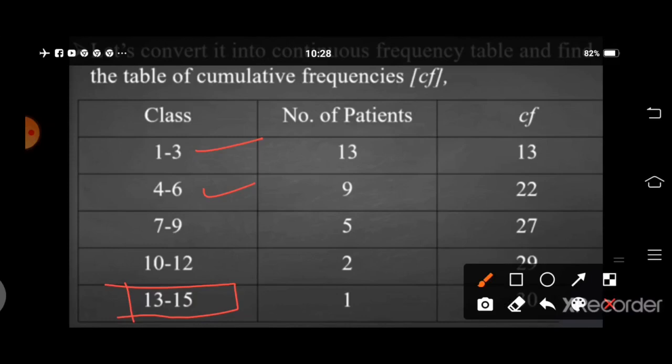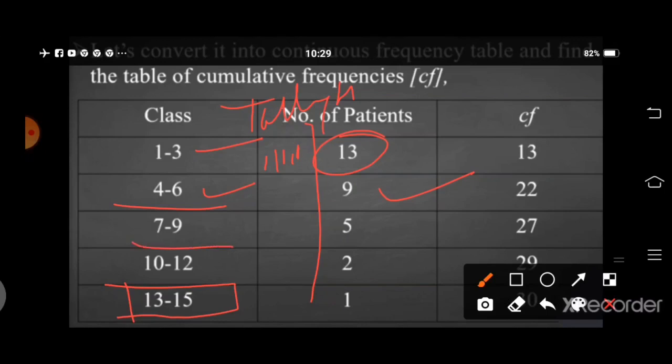Now 1 to 3, according to tally marking, we will calculate all observations given here. First count by writing tally marks, count down 1 1 2 2 3 3, that would be 13 here. 4 to 6, observation 9 here. You know very well how to count all observations by tally marking.